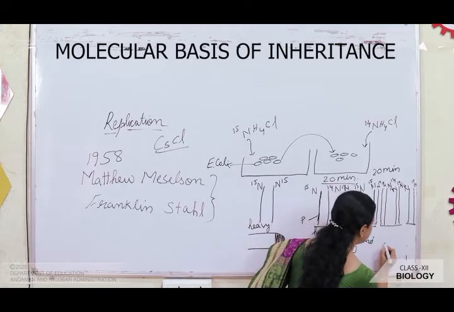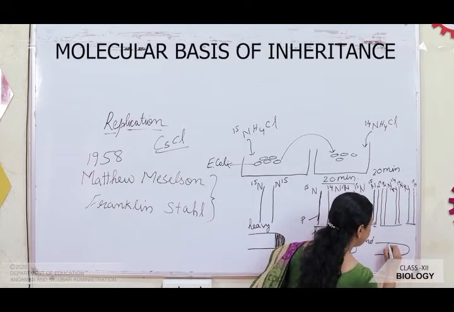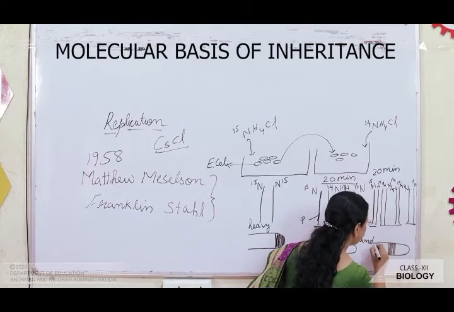In the third case, what you can see, two bands are formed. One band is formed in the middle and another band is formed at the top. So why are the two bands formed?